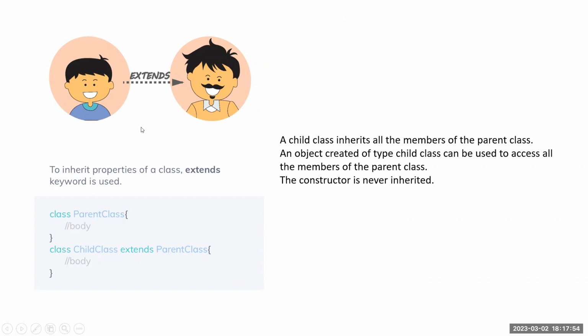So what you are doing is extending. You are extending the properties you have from your parent class. Similarly, you create a parent class, and when you create a child class, you extend the parent class features.